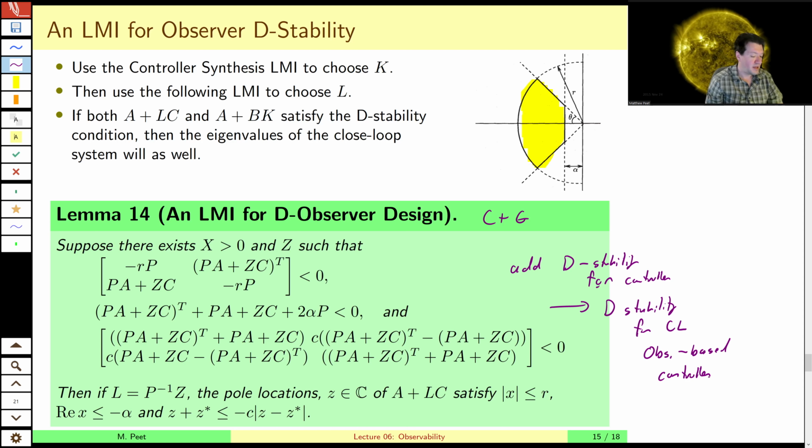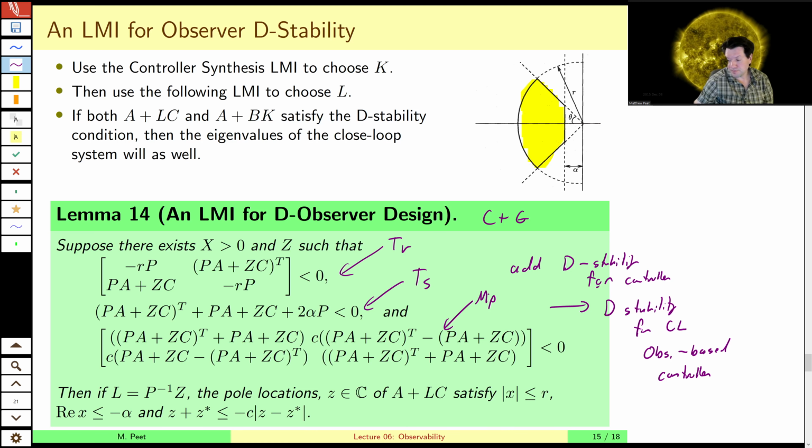And of course, remember where these came from. This was the one for rise time. This one's the one for settling time. And this one was the one for percent overshoot. So with feedback control, we can assign our eigenvalues, put them in regions of the complex plane, and do all sorts of lovely things.